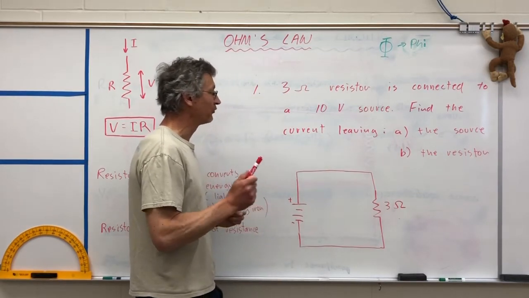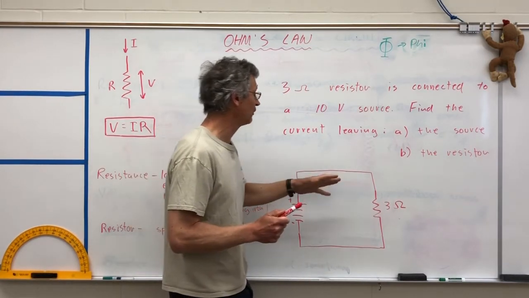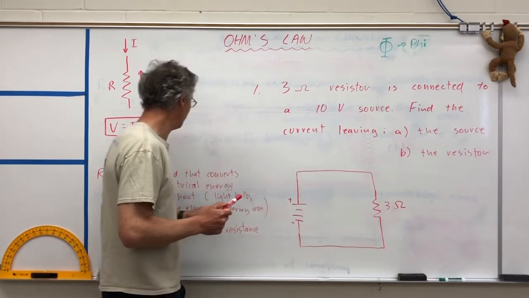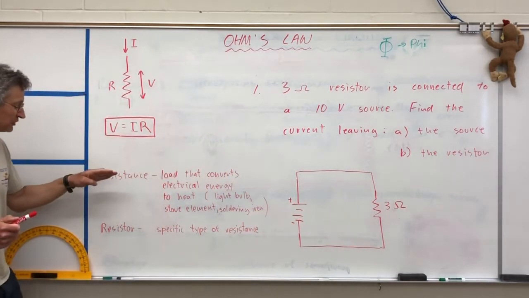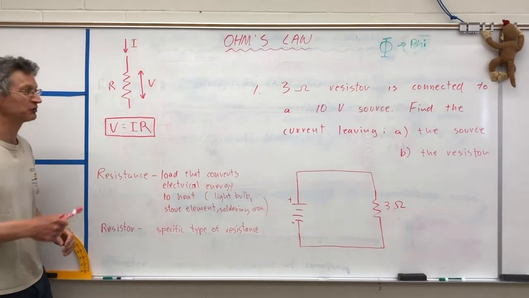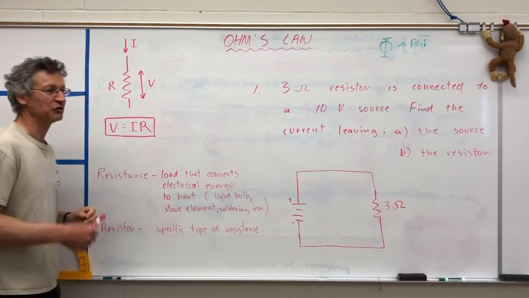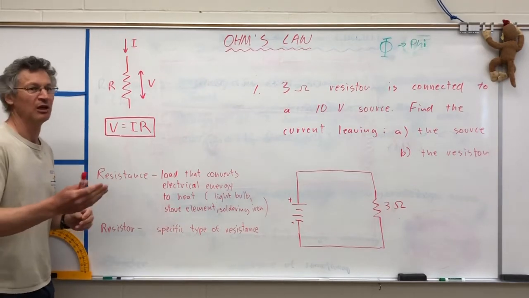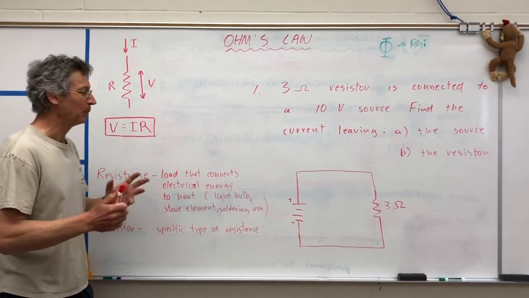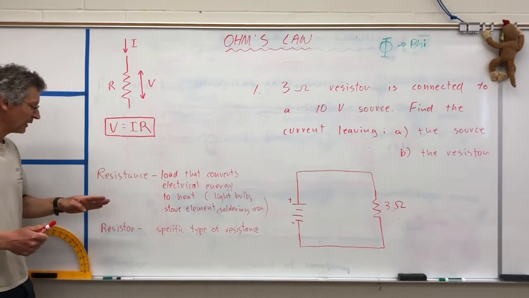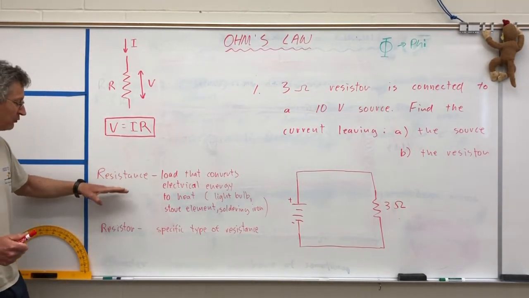Okay. First of all, before we jump into the problem, let's talk about the difference between a resistance and a resistor, because I know sometimes I use the term resistance, sometimes I use the term resistor. It's like they're almost interchangeable, like they almost mean the same thing, but not really. Here is the difference between them.